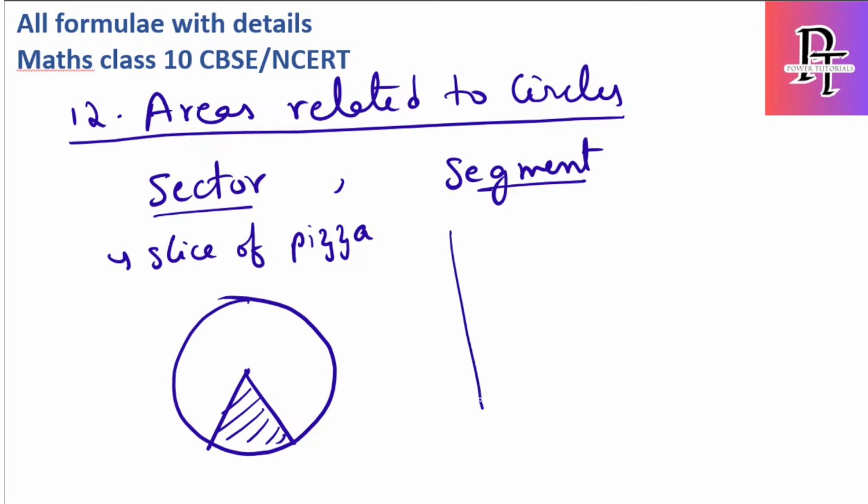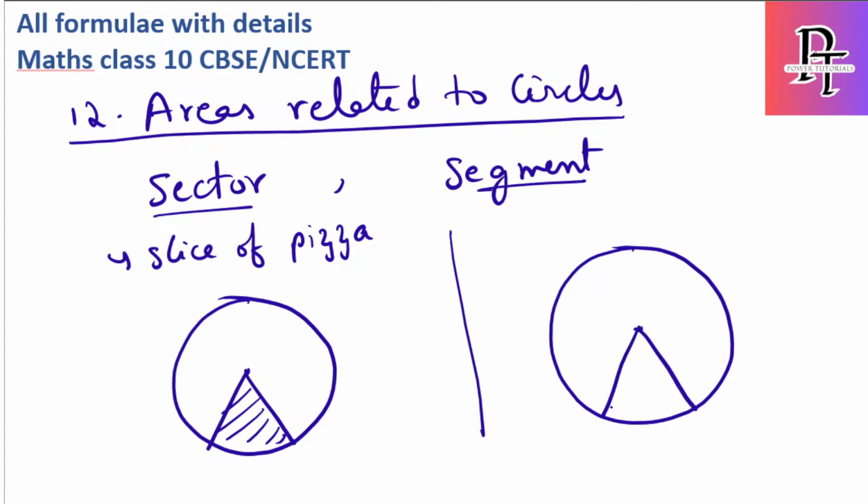Then what is a segment? Suppose we have a chord like this. A chord is nothing but a line connecting 2 points on a circle.